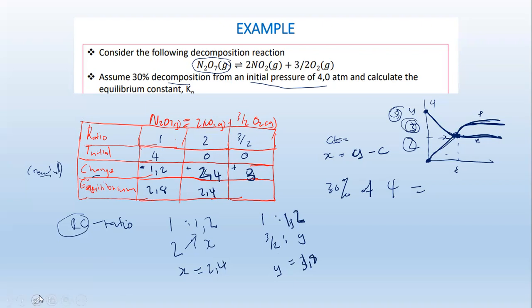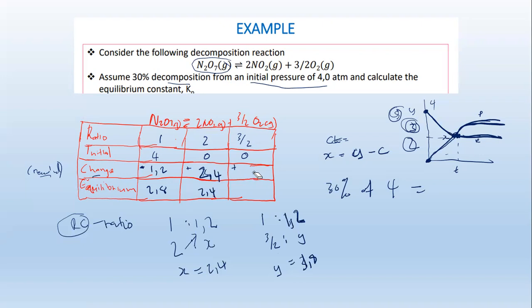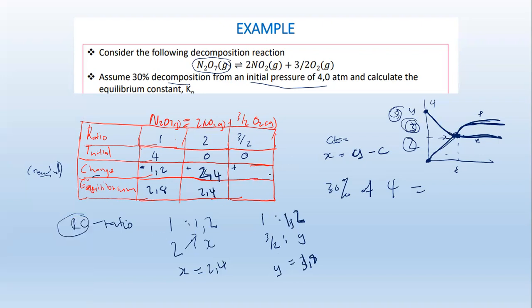That means the change in pressure is 1.8, right? And therefore 0 plus 1.8 is going to be 1.8. And therefore now we have the pressure of our gases at equilibrium.